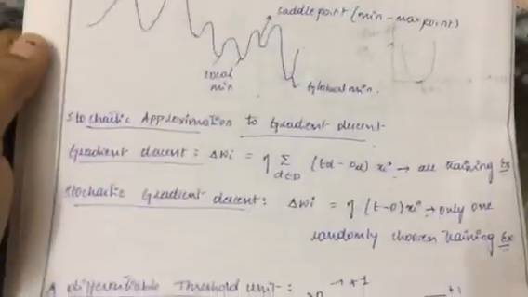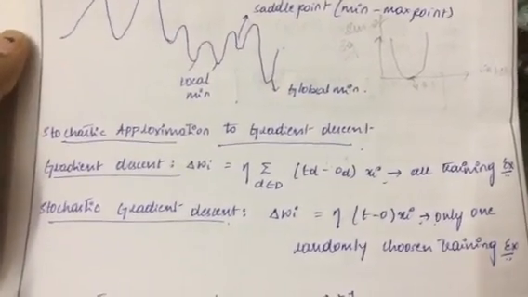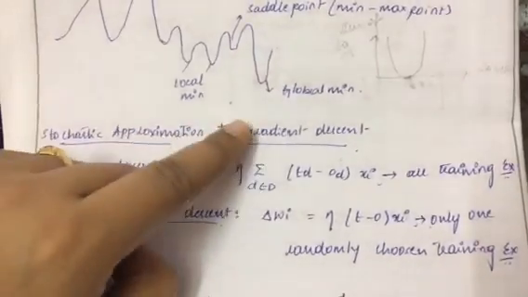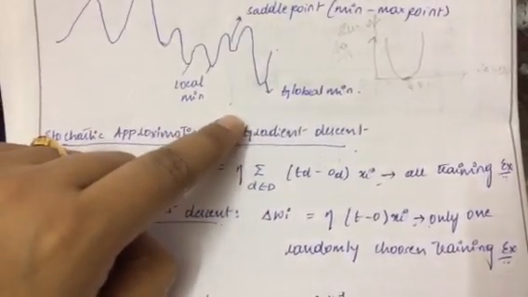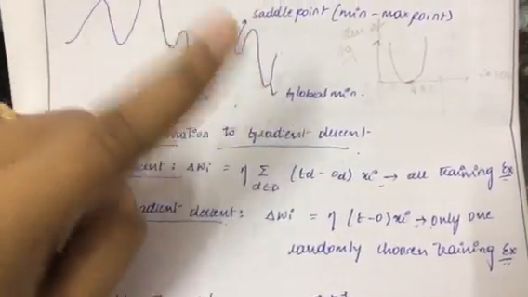Now, why is stochastic approximation performed? In order to reduce the computation, because gradient descent is applied to an infinite hypothesis space. What is an infinite hypothesis space? It was explained in the previous video.